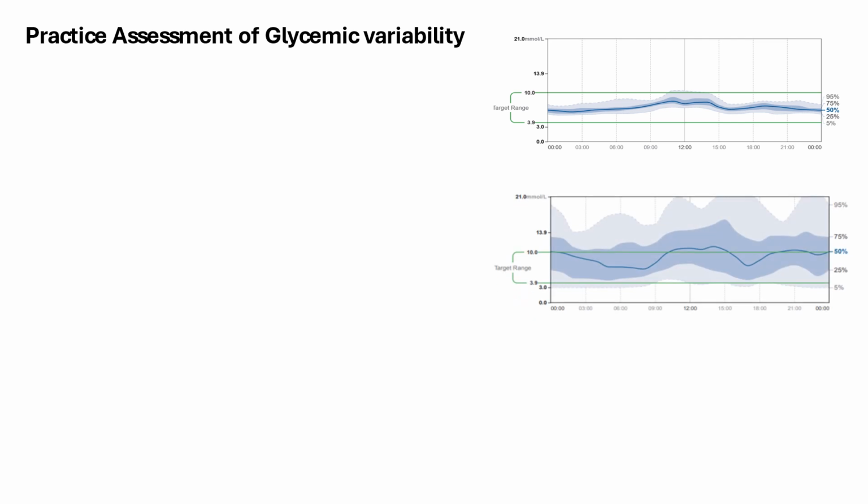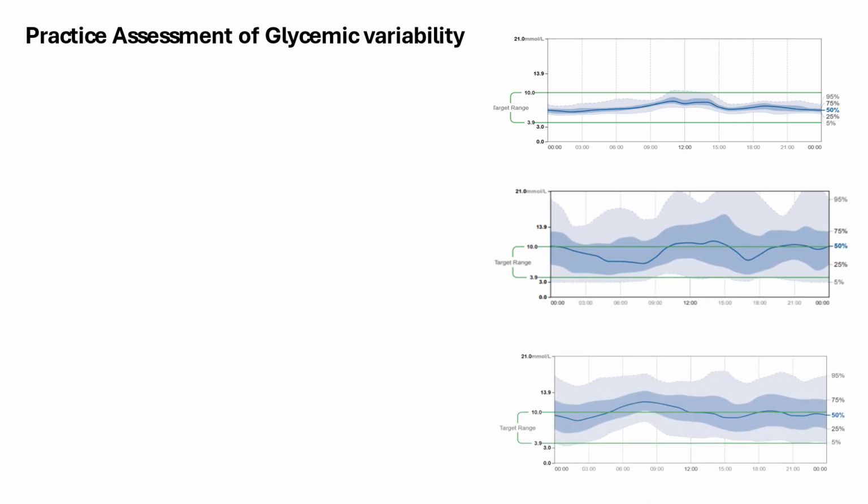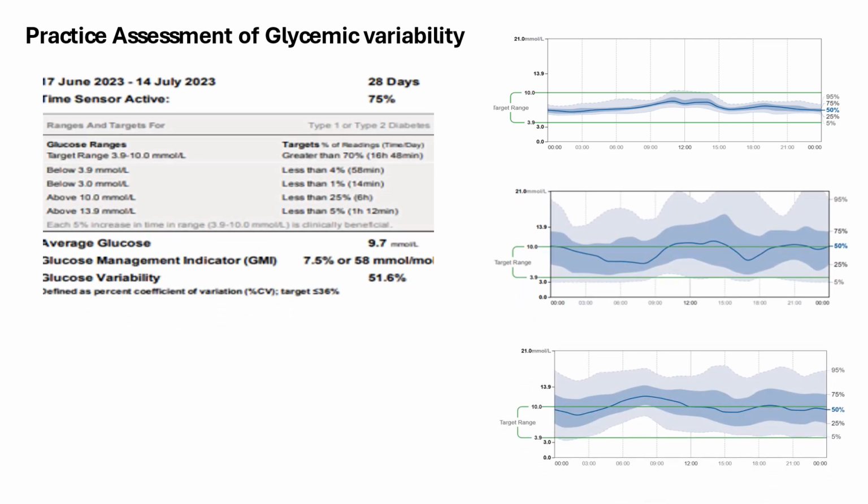So when we assess glycemic variability, I want you to take a look at some of these AGP graphs and tell me what might match. So have a think about this. If the average glucose is 9.7 millimoles, and they're estimating an A1C of about 7.5% based on their past patterns, and their glucose variability, which should be less than 36%, is 51%, that would mean there's a lot of variation.